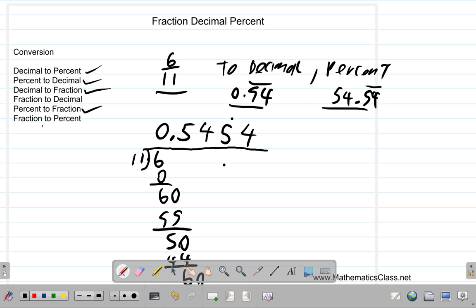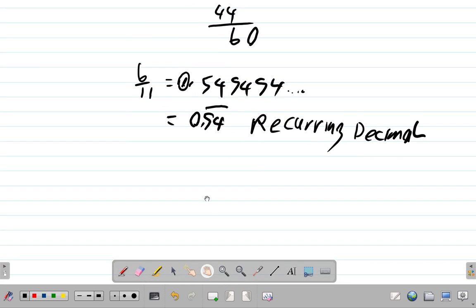Or you can draw the line above it, so the 54 repeats itself. So it's really 54.545454 and so on, percent. Alright? So it's a recurring decimal.